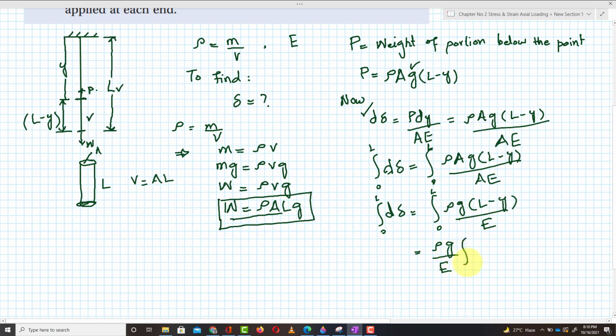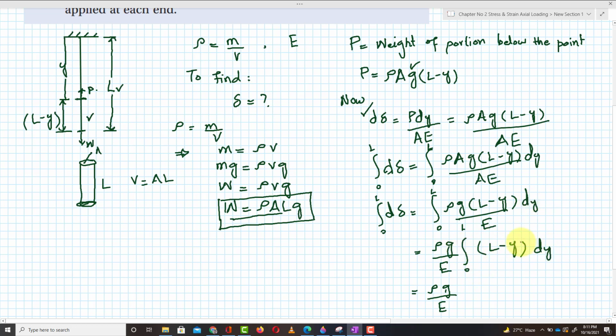So it will be the integral from 0 to L of (L minus y). Again, it will be rho G over E, and the integral of this will be the integral of L. Also there is a dy, which I forgot to mention, so you have to multiply it by dy.